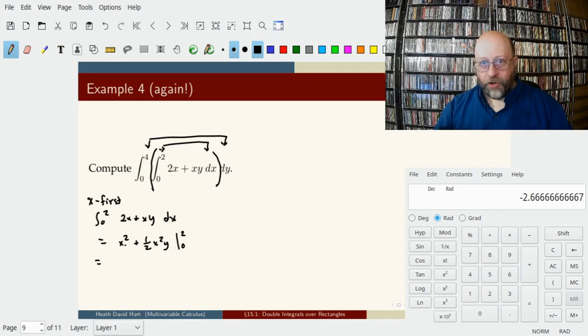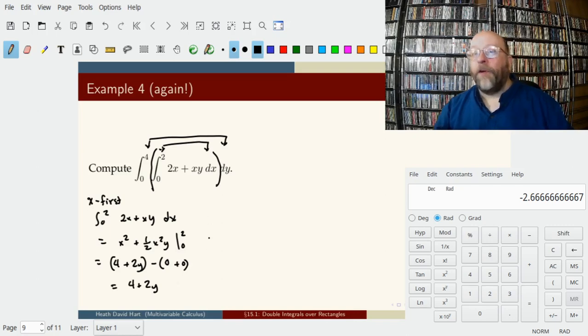When we plug in 2, this is going to be 4. When I plug in 2, this is going to be 1/2 times 4. That's going to be 2y. Then when I plug in 0, this is 0, and this is also 0. And so we get 4 plus 2y.